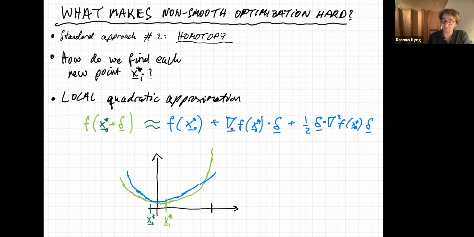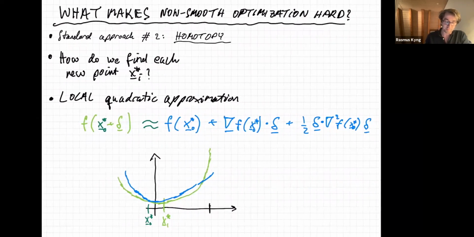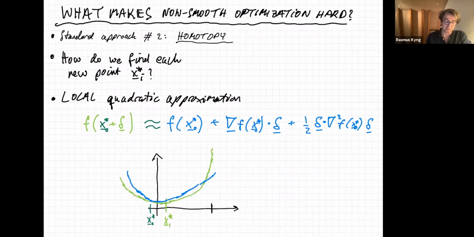Then I write a Taylor series expansion with my constant term, my gradient times my update, that's the linear term, and then a quadratic term, which is the matrix of all of the pairwise second derivatives, and then some quadratic function around those. So that's my blue thing here. It's locally a good approximation.